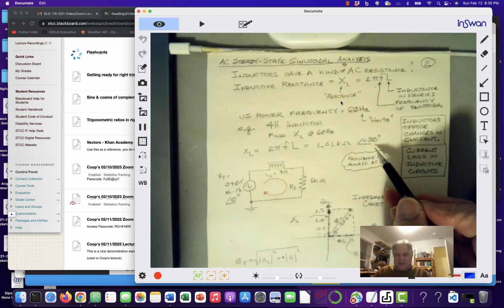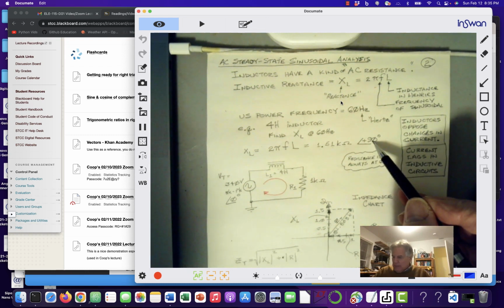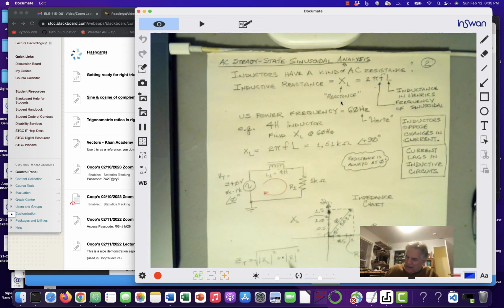Inductors are always at plus 90 degrees. All right. So here I am.